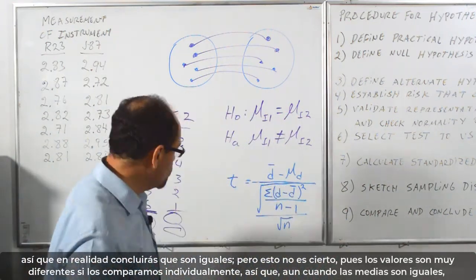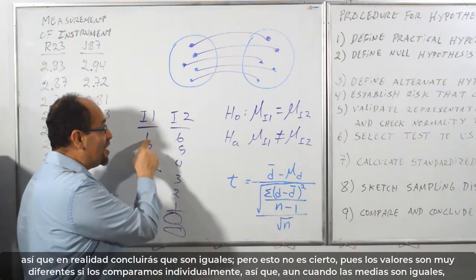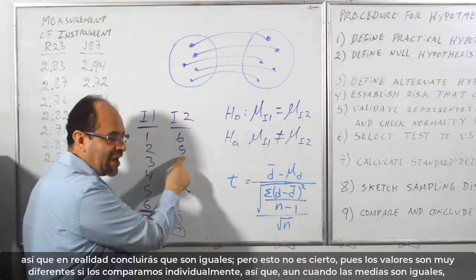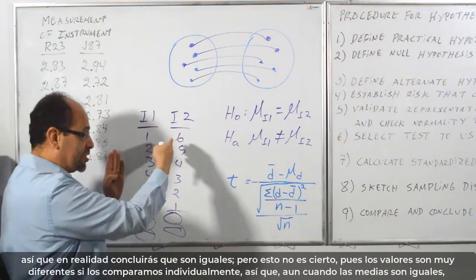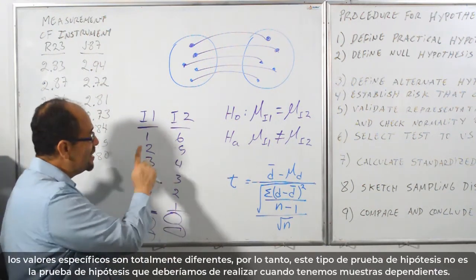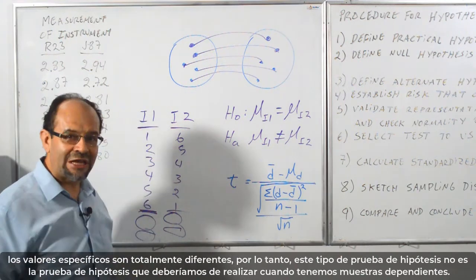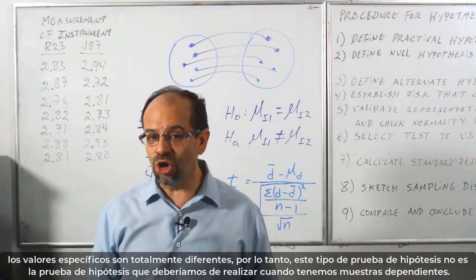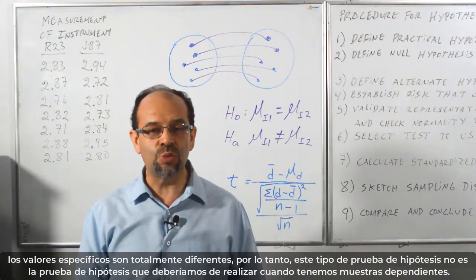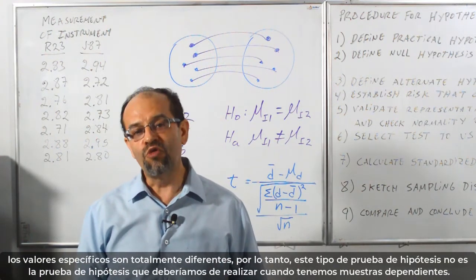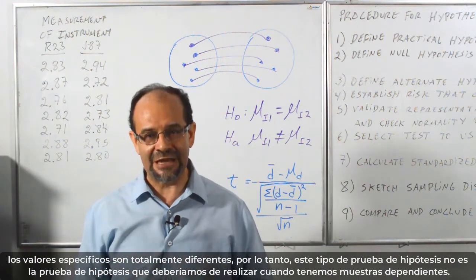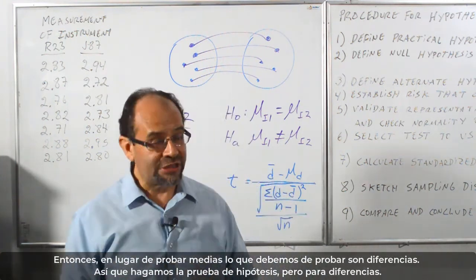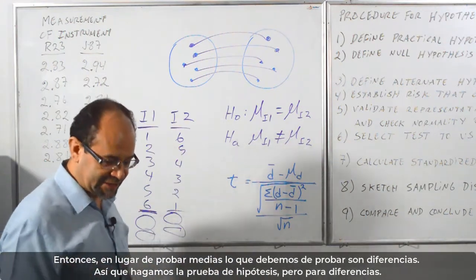But that's not true, because this value is very different from this value, and this one is very different from this one. So at the end, although the means are the same, the specific values are totally different. Then that type of hypothesis testing is not the right one that we should run for dependent samples. Instead, we have to check differences.